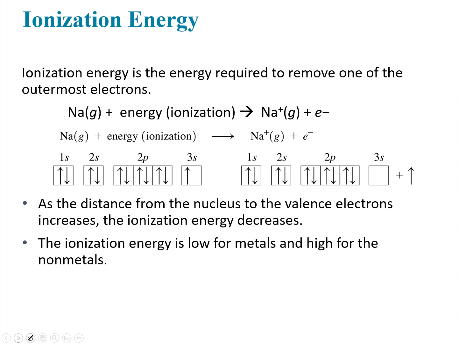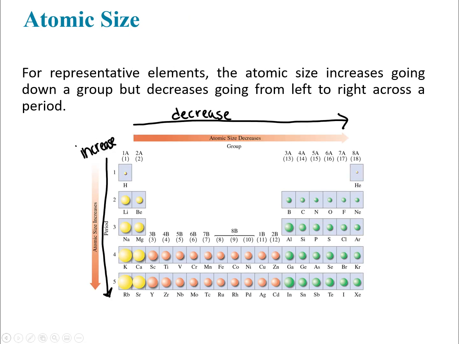Now, let's take a second to explain that. As you're going down the periodic table, your N is increasing, right? So that means that the size of the orbitals is getting bigger.